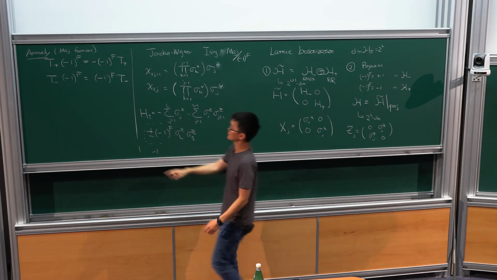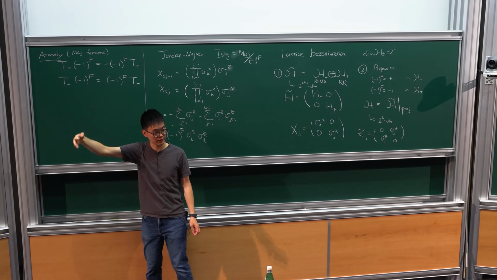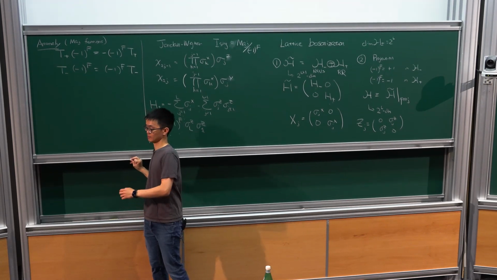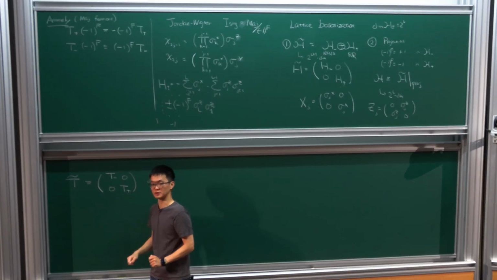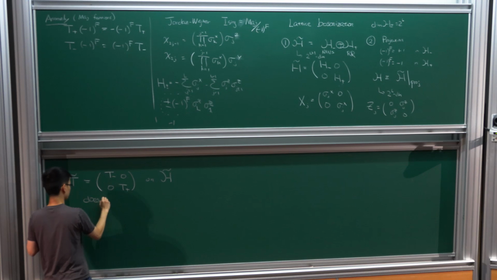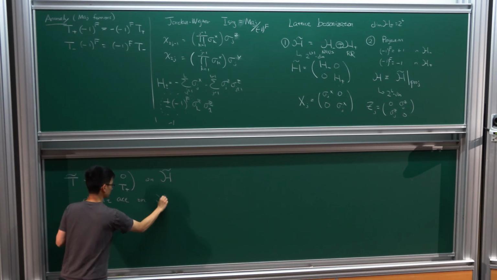However, T plus does not commute with the Z2 symmetry with respect to which you did the projection. So this operator would take you outside that projected Hilbert space. So it does not act on H.